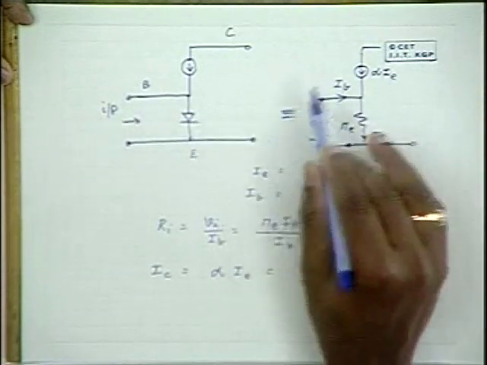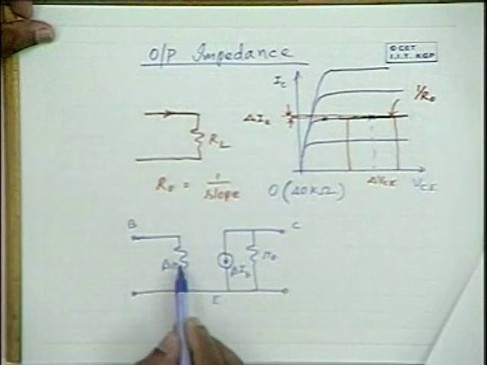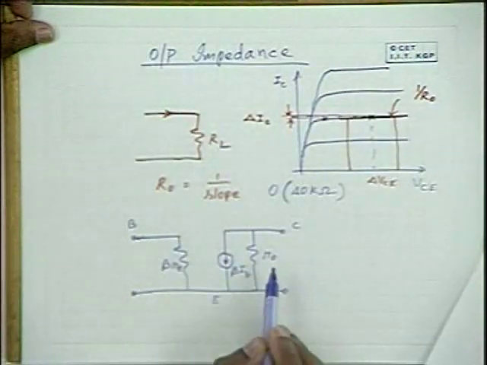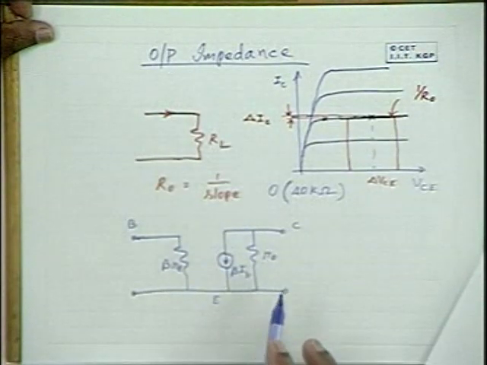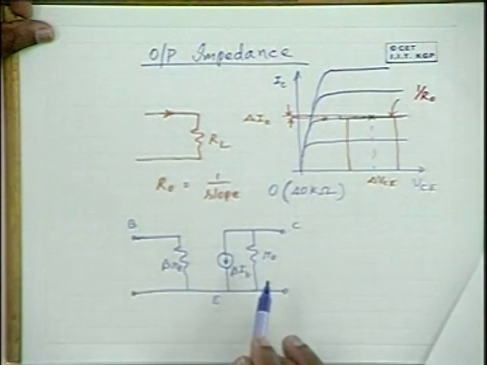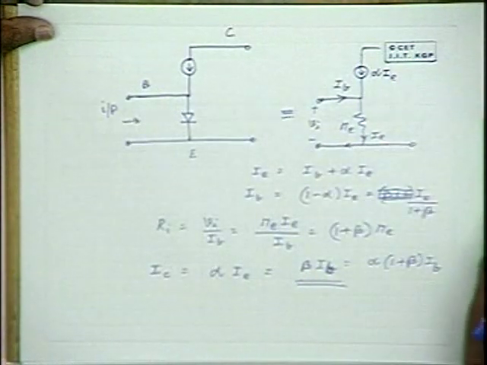Now using this model itself, we have obtained a different model for common emitter configuration. In the common emitter configuration, we expressed it in terms of its input impedance, its current gain and the output impedance. So this model is a direct model for common emitter configuration. And I repeat, we have obtained this model from the common base model itself. Hence, you can use any model.